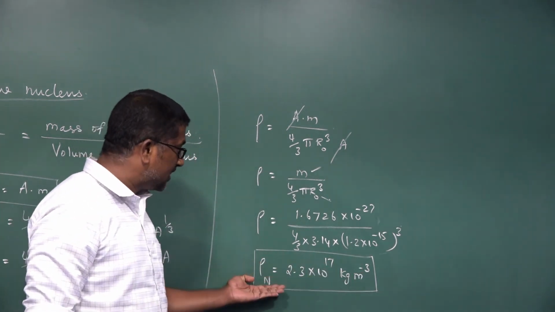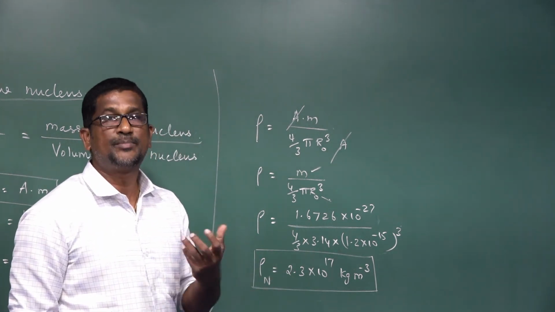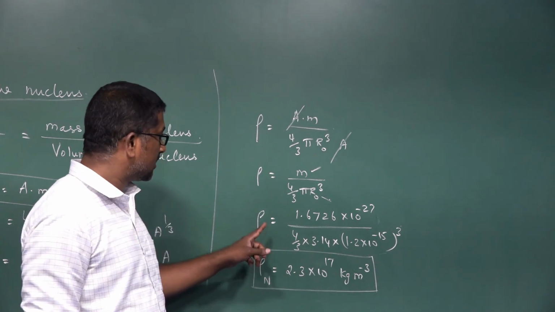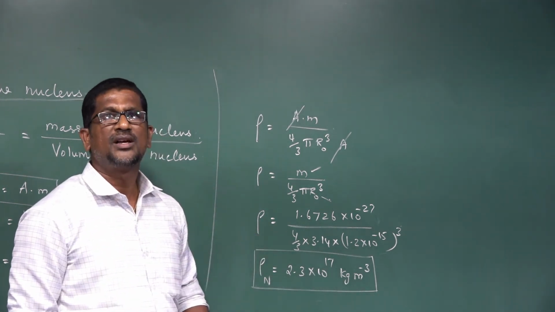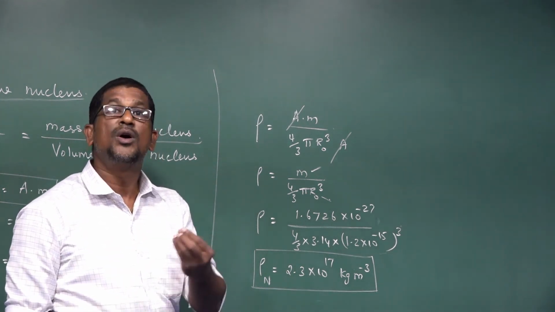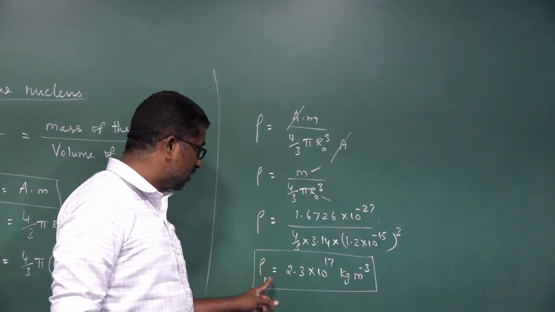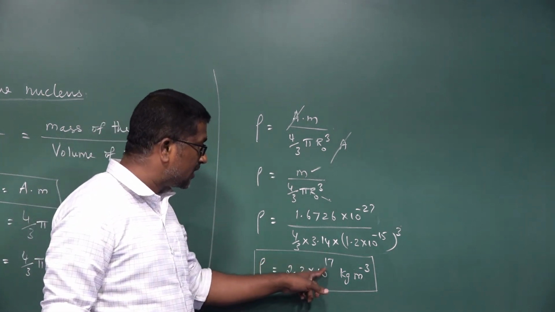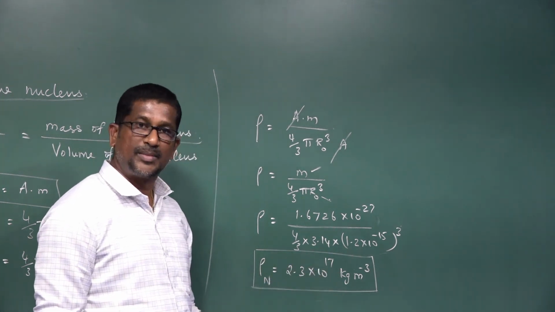So this value is a constant for all nuclei irrespective of size. That means the density of the nucleus is independent of the radius of the nucleus, its volume, and also its mass number. The density of the nucleus is of the order of 10 power plus 17 kilogram meter power minus 3.